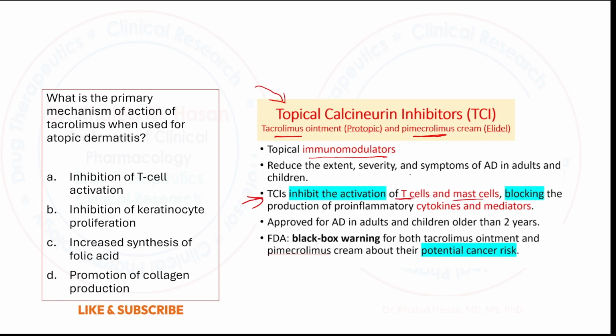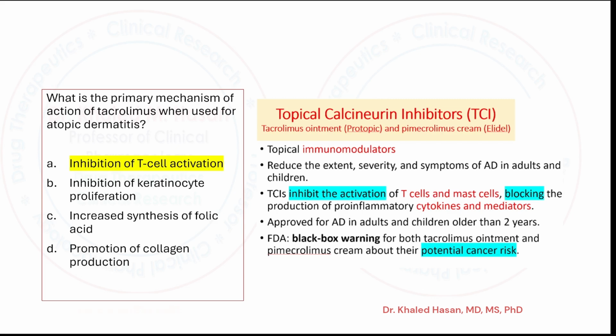So according to this slide, the mechanism of action of tacrolimus will be inhibition of T cell activation. But the first step for tacrolimus will be to inhibit calcineurin. This is the first step. The second step will be to inhibit activation of T cells.